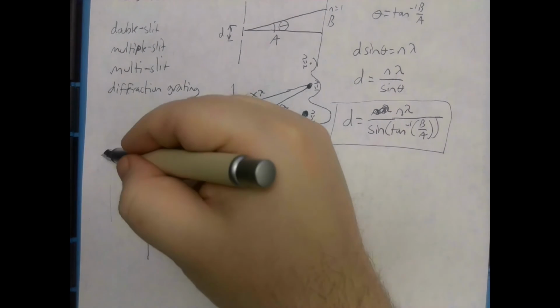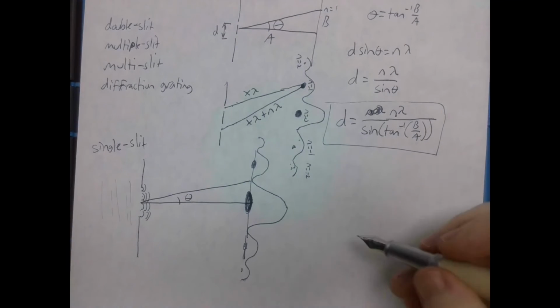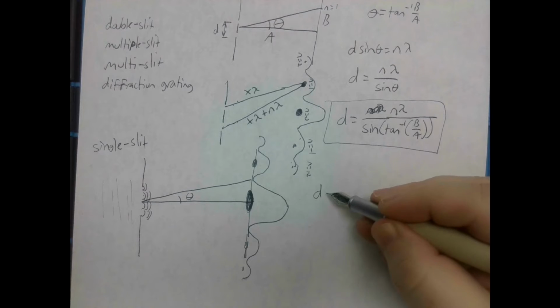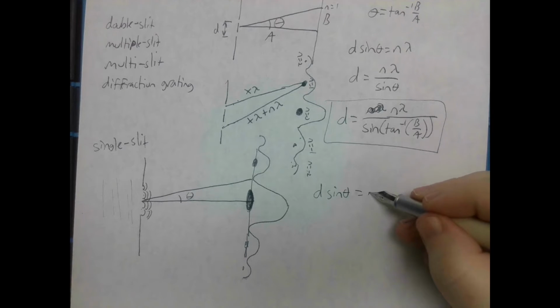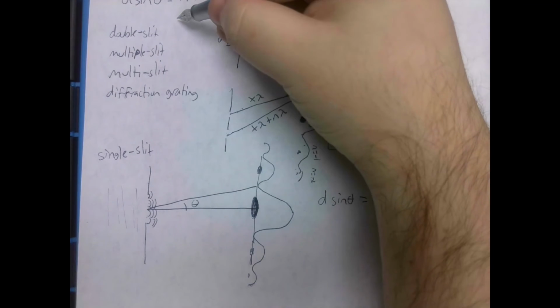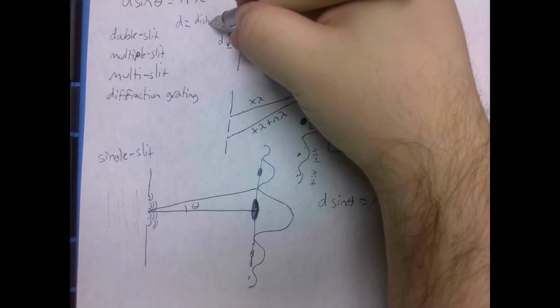So for single slit, we have the same equation. d is now the width of the slit. So for here, d is the distance between slits.